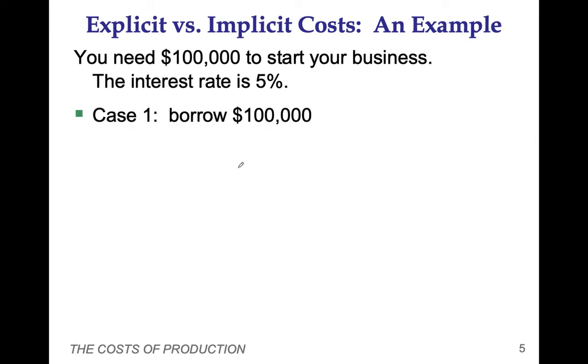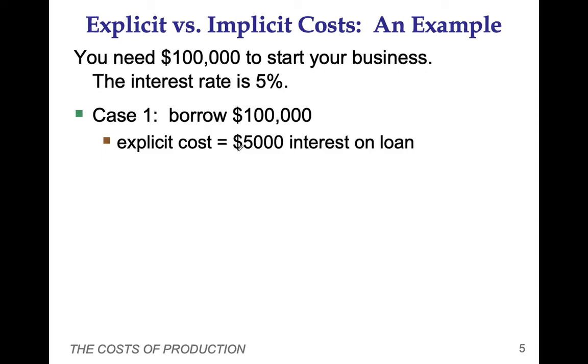In case one, you can borrow this $100,000 and you will pay the interest on this loan. For example, each year you will have to pay $5,000. This $5,000 is paid to the bank, and it is cash that you pay. There is cash underlying these costs, so it is an explicit cost.